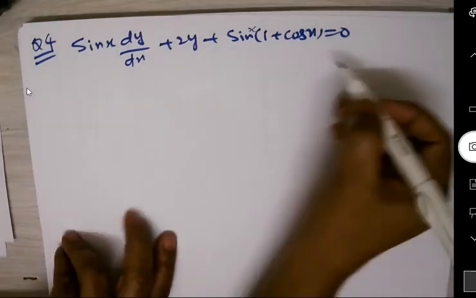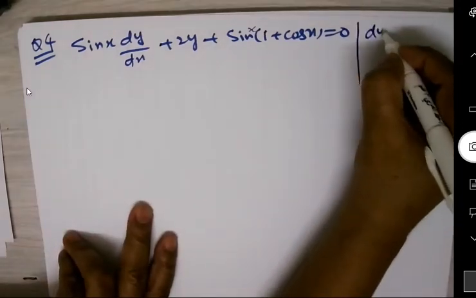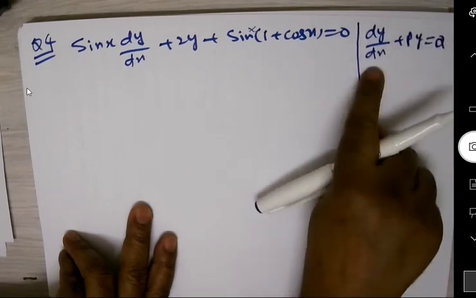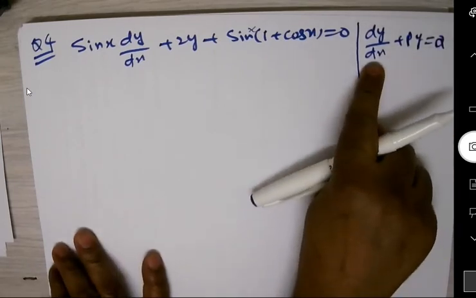So see that one, if I want to compare from the standard form dy/dx plus Py equal to Q. See that one again, the coefficient of dy/dx is sin x.